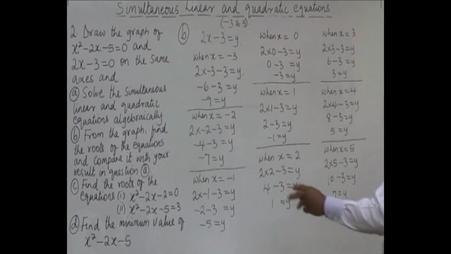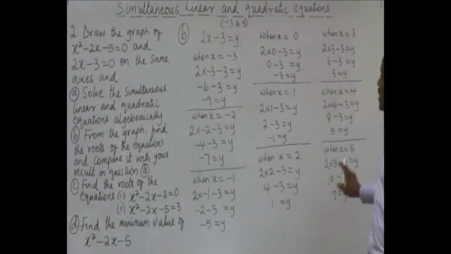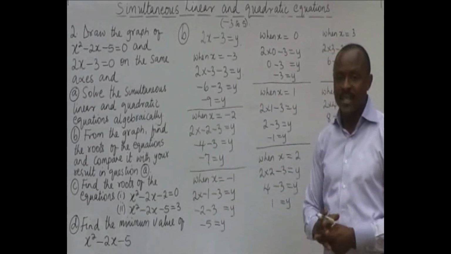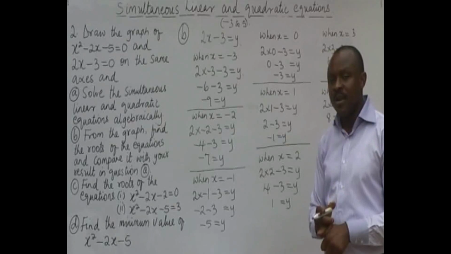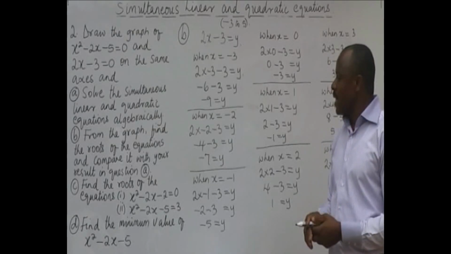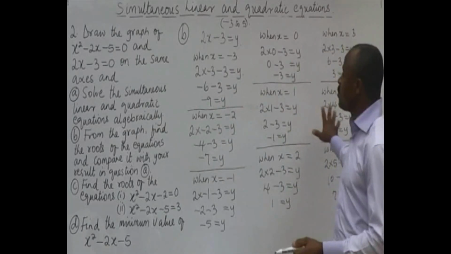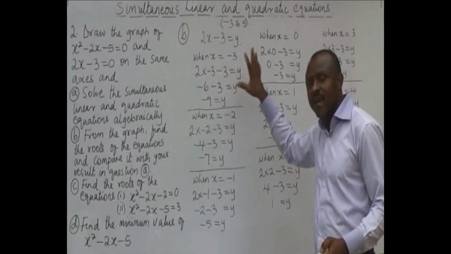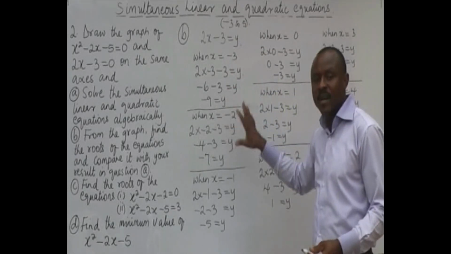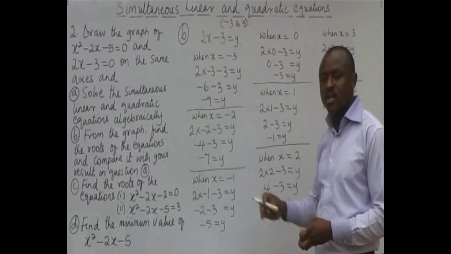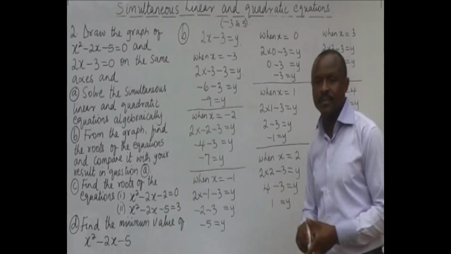Now we are going to clean up this just the way we did on the quadratic table of value finding. After cleaning up this, you are now going to see the quadratic table of value and the linear table of value, which we are going to use to plot the graph.